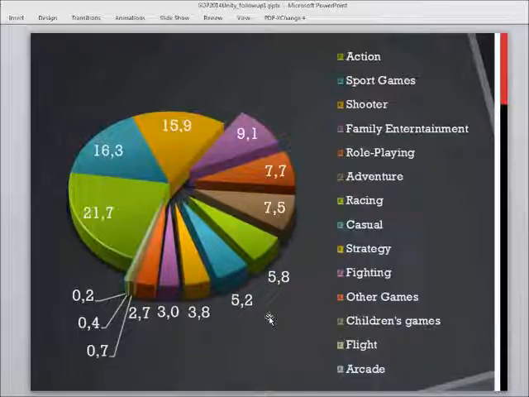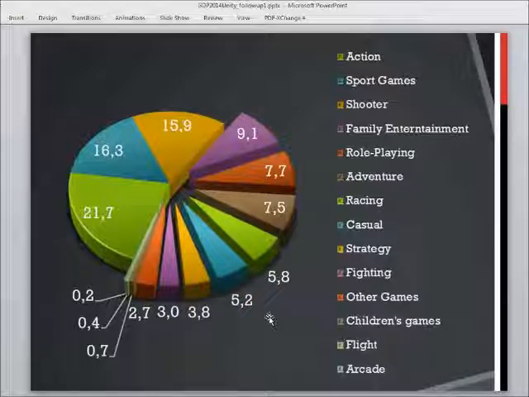For example, action games are 21%, sports in different ways 16%, shooting games, first-person shooters, also 16%, family entertainment 9%, role-playing, adventure, racing, and so on. Even the smallest slice, the arcade games at 0.2%, is still hundreds of millions of dollars.